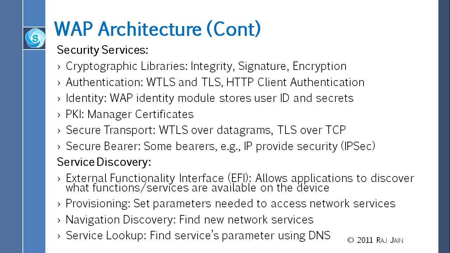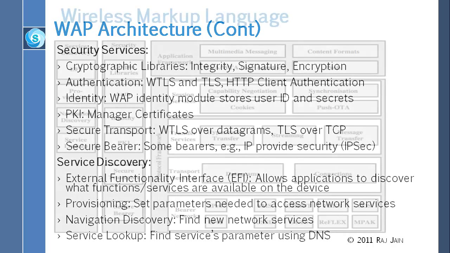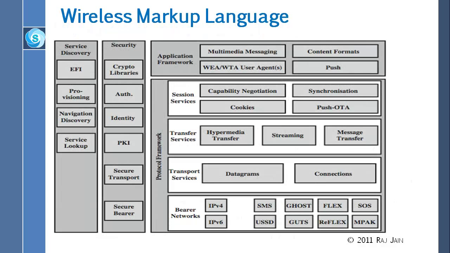So service discovery is an external functionality interface that allows the application to discover what services are available on the device, okay, and provisioning is to set up the parameters, find the new network services, and service lookup is the services parameter using DNS. So basically the idea is that the WAP protocol also has some commands which are common to all the devices.